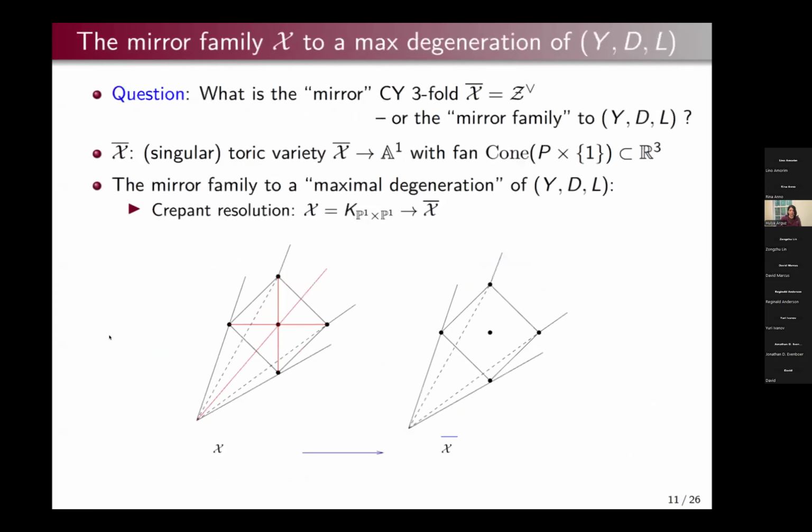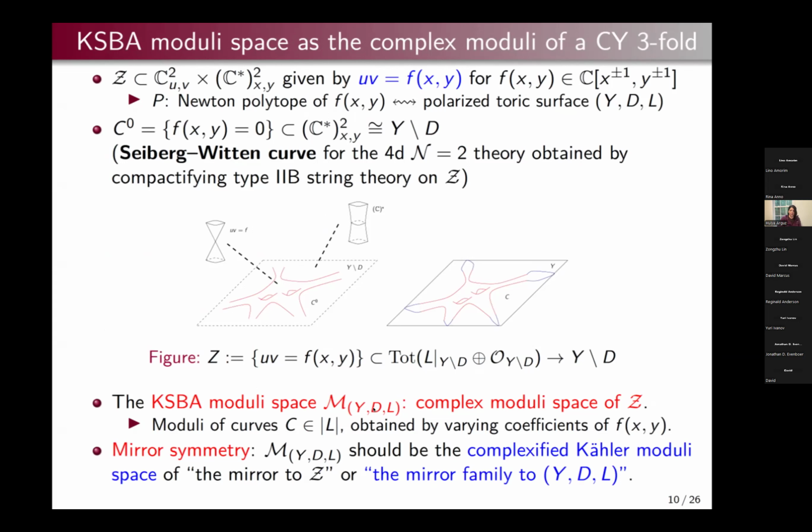And one can show that the KSBA moduli space M_YDL is the moduli space of complex structures, or the complex moduli space of the Calabi-Yau threefold. Because in our previous discussion, we said that the KSBA moduli space is just the moduli space of all such torically transverse curves.